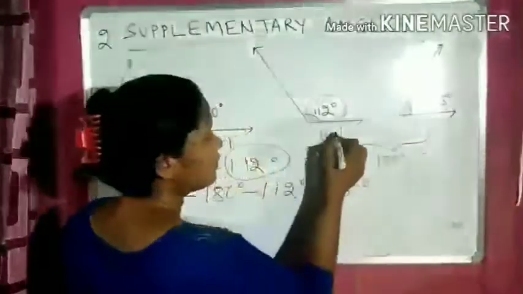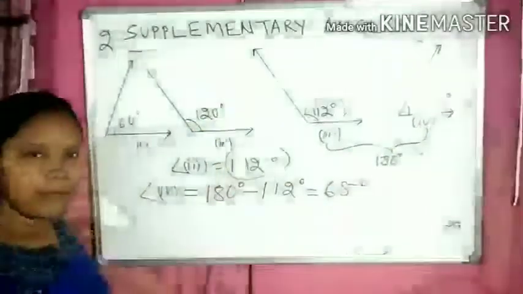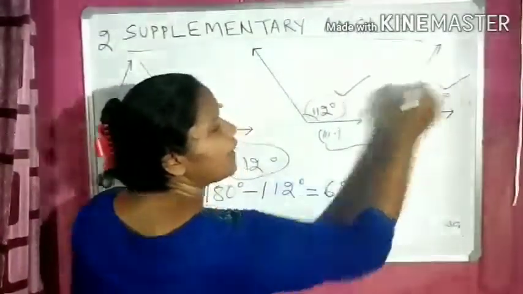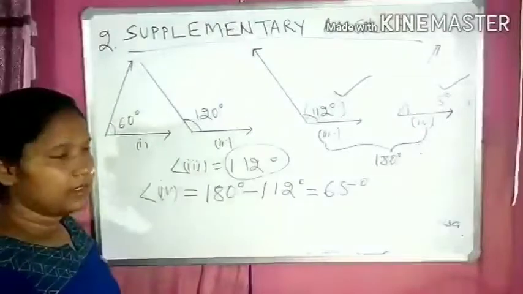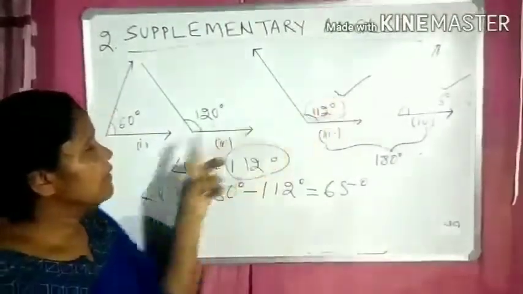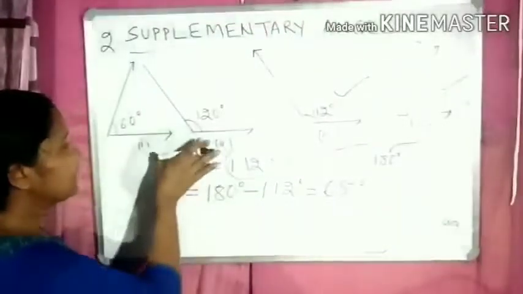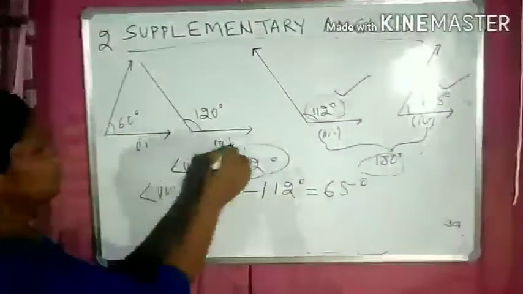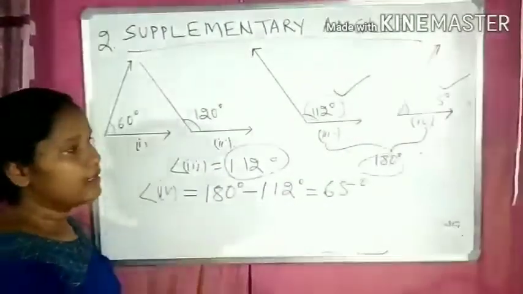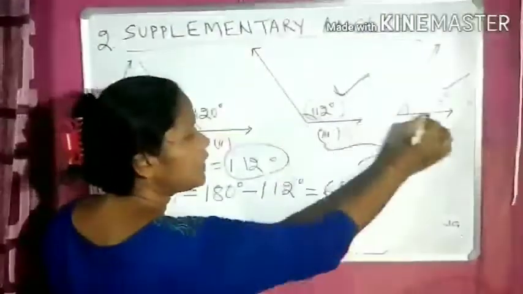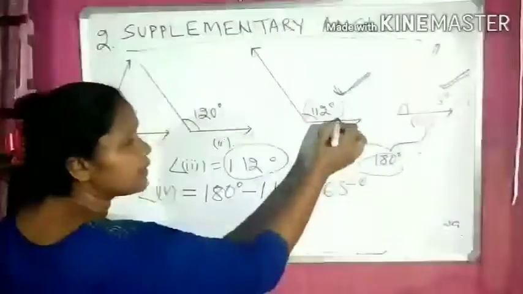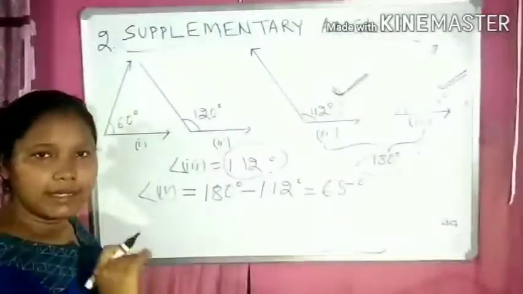If angle 3 and angle 4 are supplement to each other and angle 3 is 112 degrees, then angle 4 is the remainder. So this is about supplementary angles. How can we find out if both are supplementary? You have to add them, and if the sum is equal to 180 degrees, then those two angles are supplementary. And if two angles are supplementary and one angle is given, you can find the other angle by subtracting it from 180 degrees.